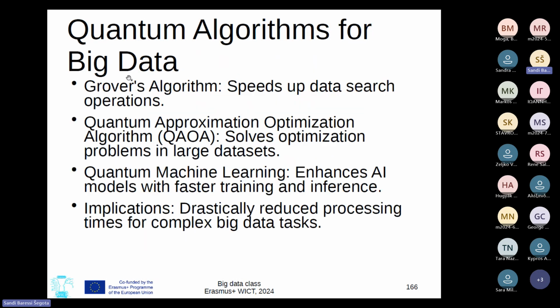So here are some algorithms, just to note. Grover's algorithm for data search, quantum approximate optimization for when you want to run optimization on a large data set, it can do it practically automatically. Machine learning adjusted to quantum systems.